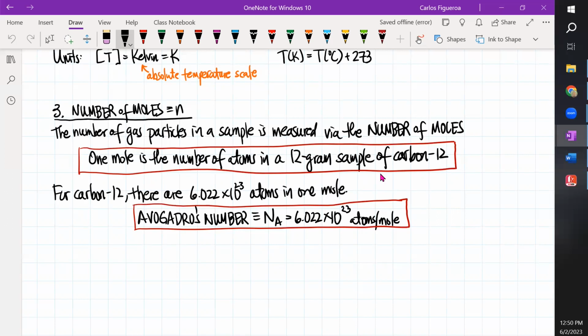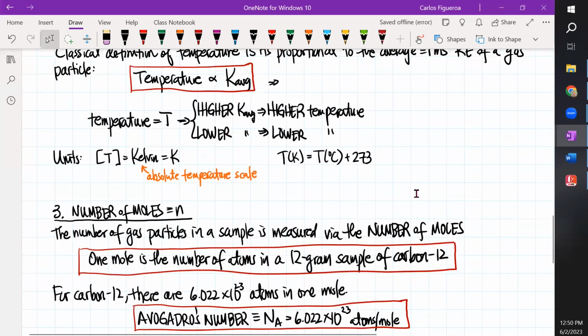And in fact, you should check out a humor link, and this is XKCD, and this is a mole of moles. And this will tell you just how gigantic 10 to the 23 is.